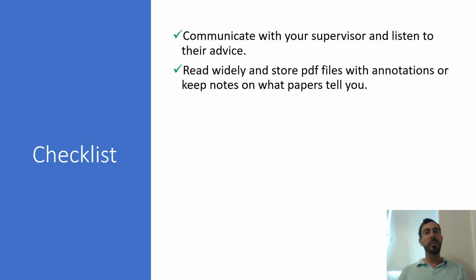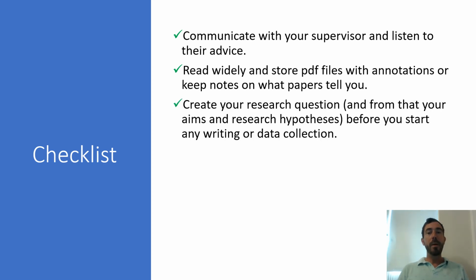Store PDF files with annotations or highlights, or keep notes on what papers tell you so you can refer back to them later. Remember to create your research question with help from your supervisor before you start any writing or data collection. Your research question becomes your aims and your outcomes and your hypotheses. You need to have structured your research question before you do any of the formalized writing of your research project.